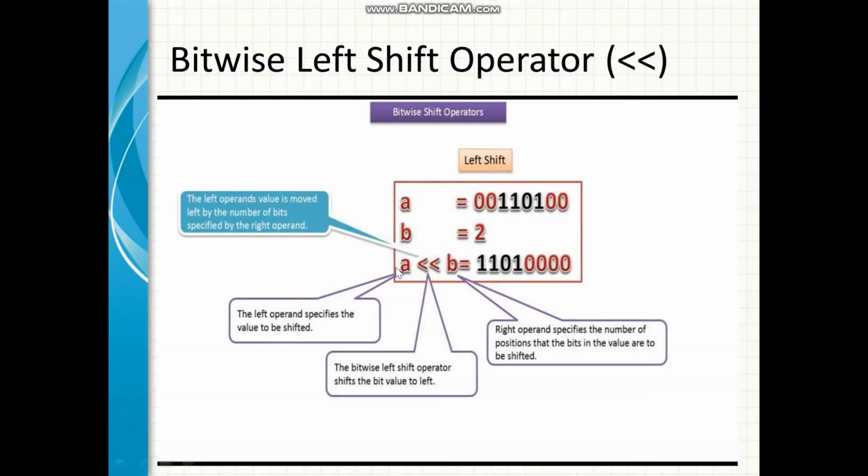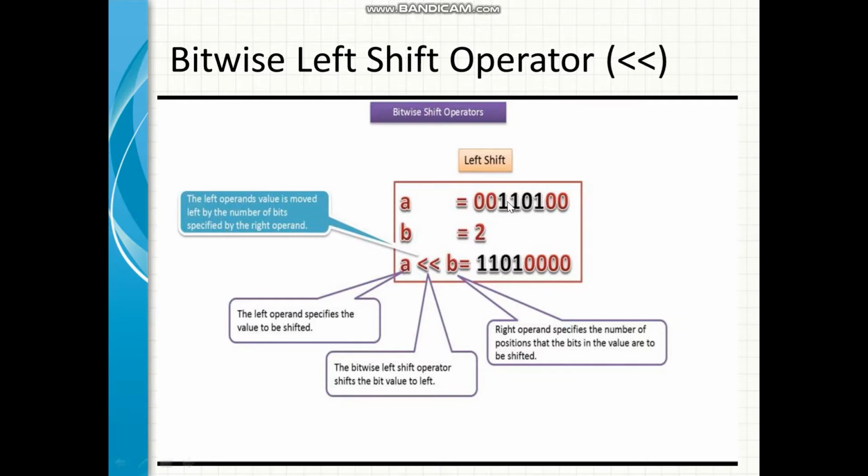So this is to be left shifted, and by how much you should shift is mentioned by B as 2. This one, your right operand, will specify the number of positions that the bits in the value are to be shifted. So I want to shift 2 bits to the left.